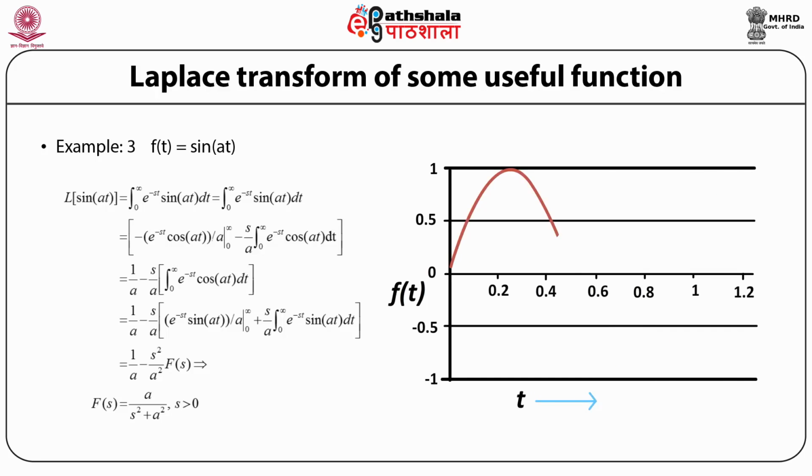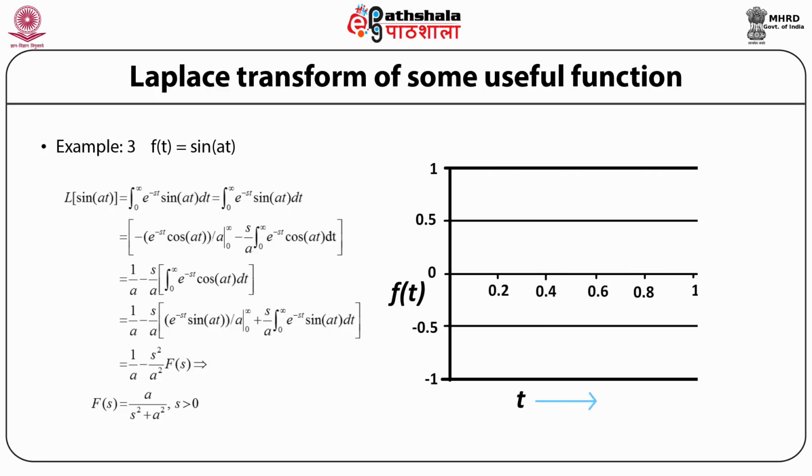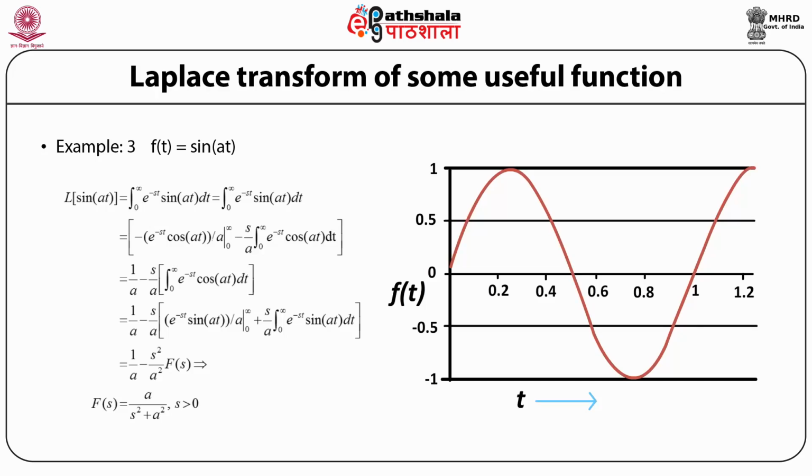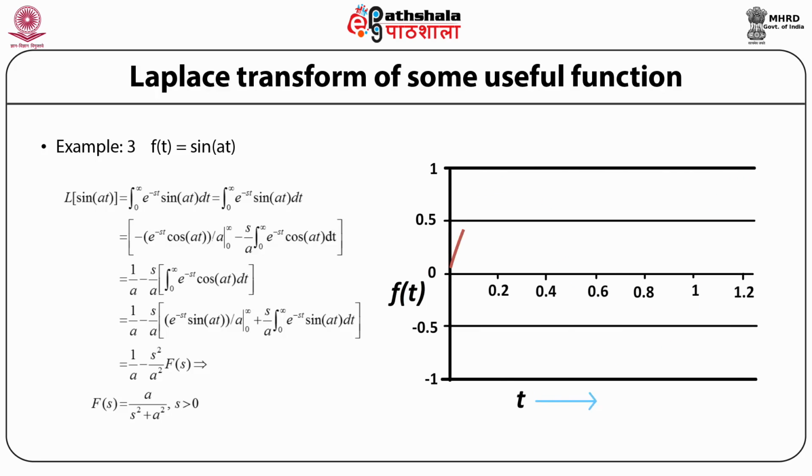So you will get 1 by a minus s squared by a squared times f of s will be equal to f of s. Then f of s, whatever it is, you can sum it up, then you can take it back. So therefore f of s will be equal to a divided by s squared plus a squared, s greater than 0.